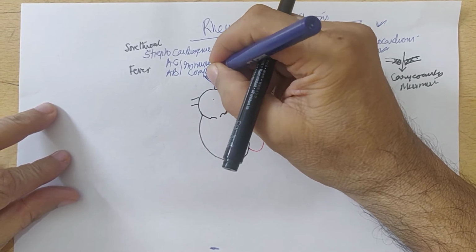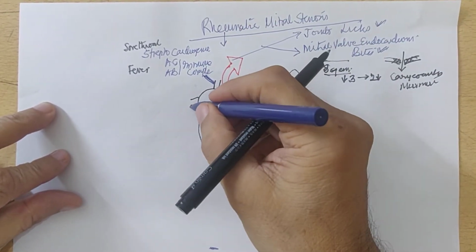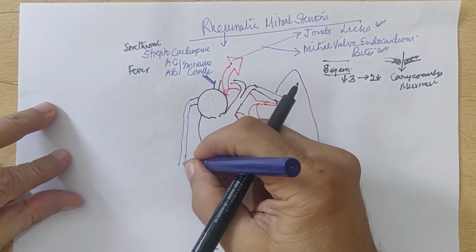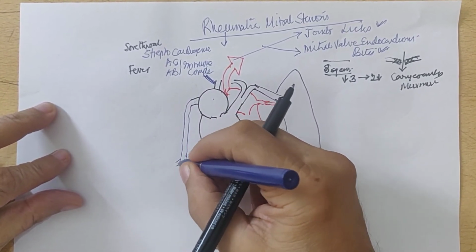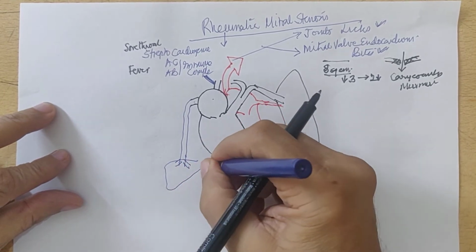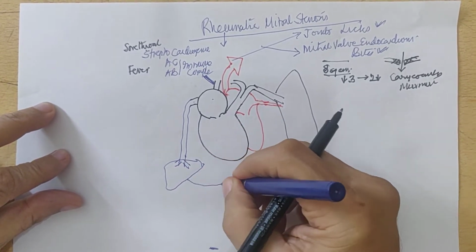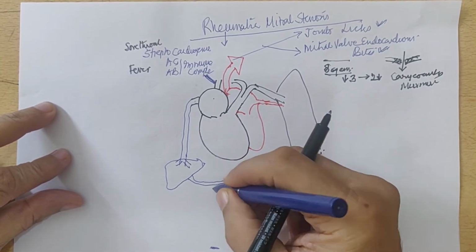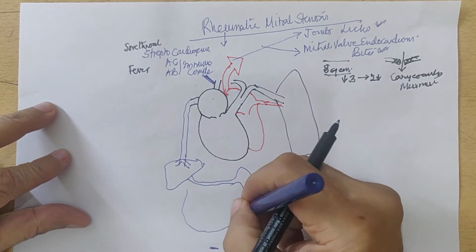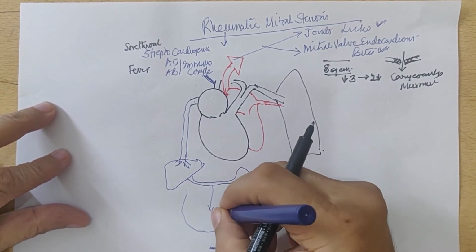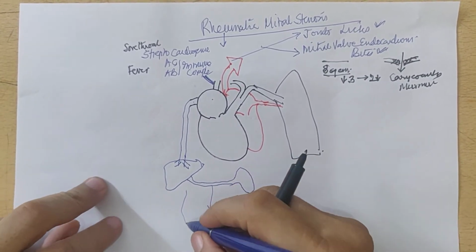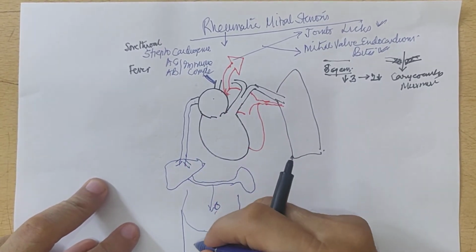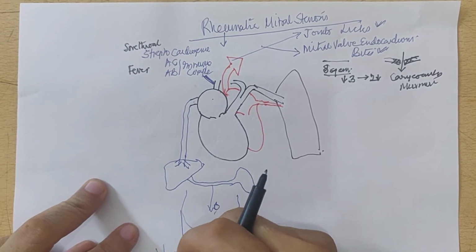So here you have the jugular veins, and the inferior vena cava. Into the inferior vena cava drains the liver, through the portal vein the spleen, and here is the fluid in the abdomen, and finally you have veins which come to the inferior vena cava which drain the lower limbs.